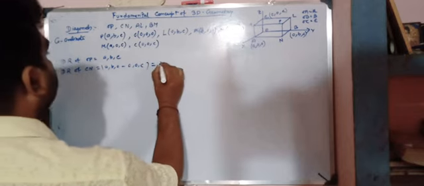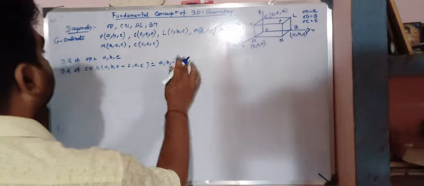So the direction ratio should be (a, b, -c).